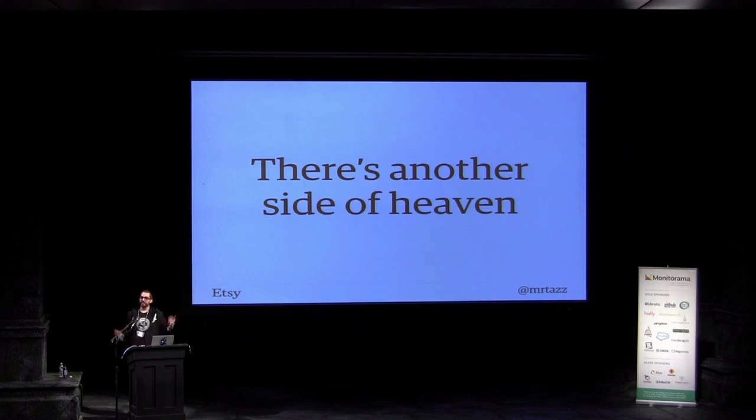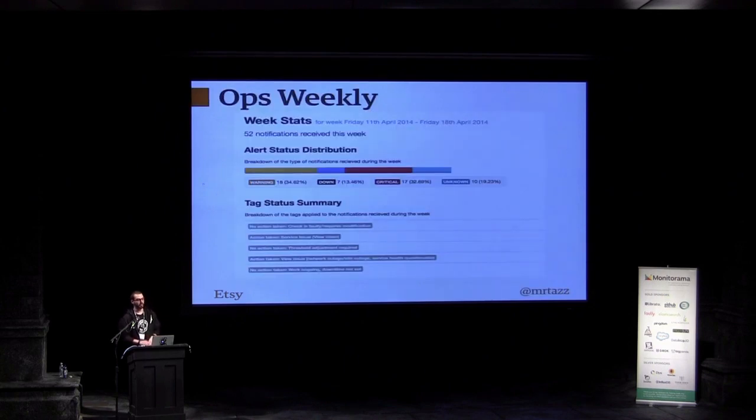But we didn't stop there because we wanted to have it even better. We wanted to figure out how we can improve on-call. So we have this thing called Ops Weekly. We have weekly ops rotations. Every Friday when you go off on-call, you fill out this thing in Ops Weekly, where it pulls in all the Nagios alerts from that week, and you annotate: this was not actionable, this was because someone didn't set downtime, this was for something else.